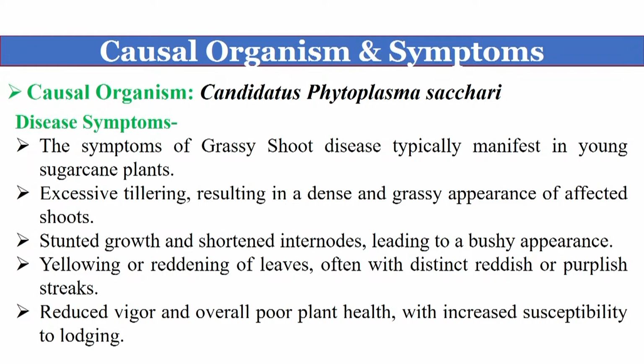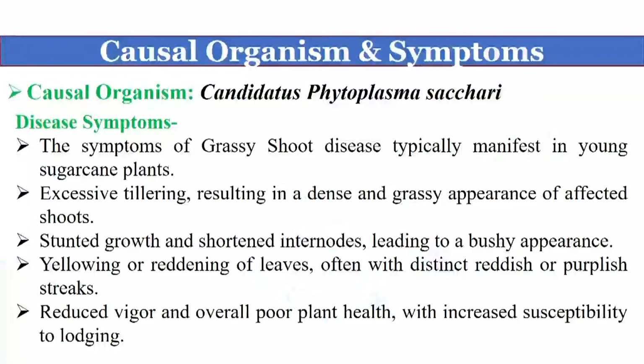If you observe excessive tillering, resulting in a dense, grassy appearance of the affected shoots, along with stunted growth and shortened internode size, that leads to a bushy or grassy appearance. It reduces vigor, causes overall poor plant health, and increases susceptibility to lodging also.